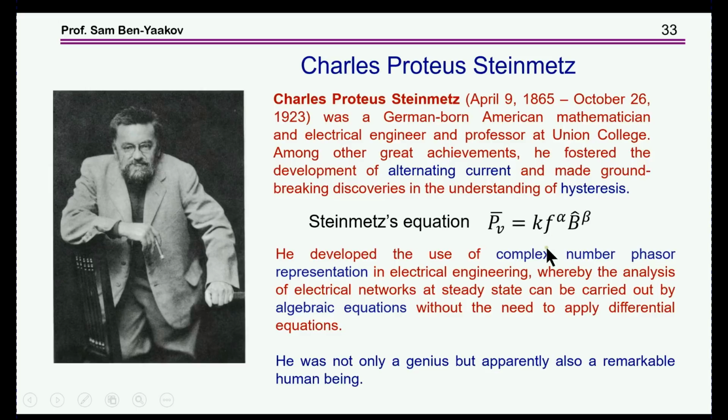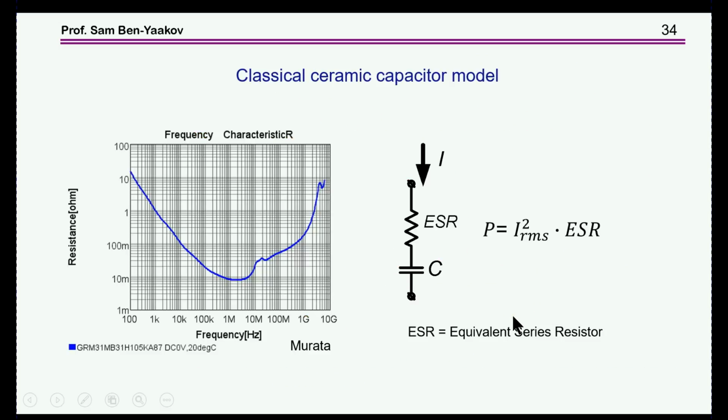So this is very well known. But I'd like to give him the credit that he also worked with dielectric material. And I'll later show what he did and the result that I got.